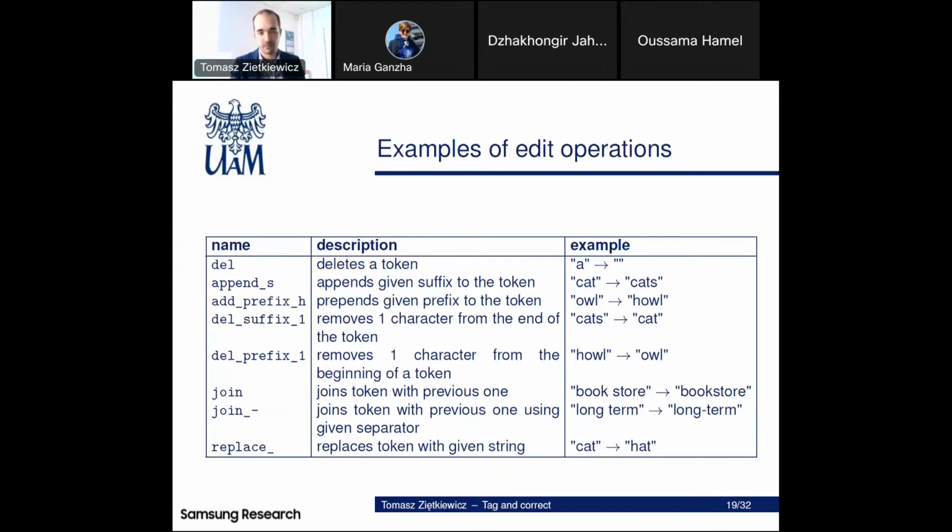We can have a lot of different operations like append s, append a, etc. We can, of course, add a prefix, so prepend some characters to the beginning of a word, delete a prefix or suffix of a given length. We can join two tokens which are next to one another. And finally, we can just replace a whole word with another word.